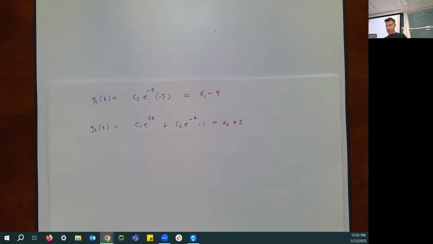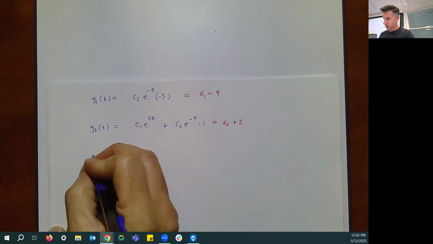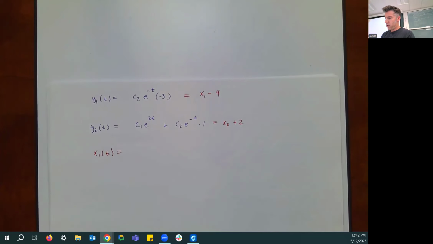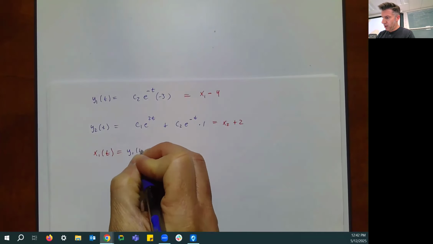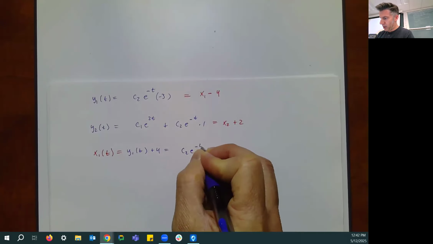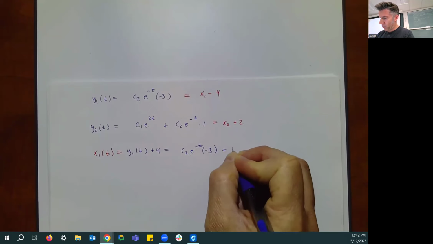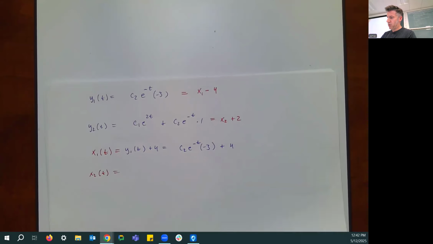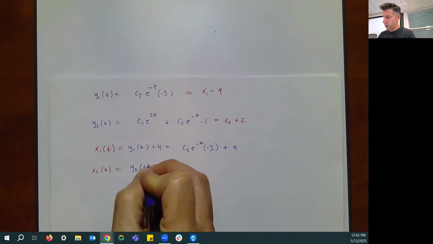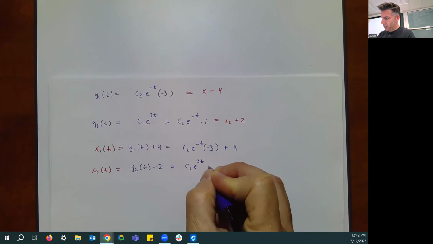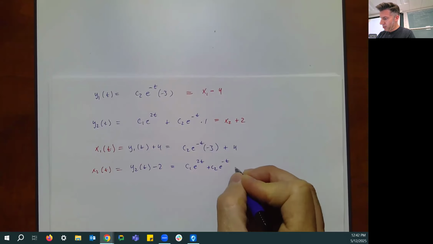So that means we can say x1 of t is equal to y1 of t plus 4, which is going to be the C2 e to the negative t times negative 3 plus 4. And similarly, x2 of t is going to equal our y2 of t minus 2, which is going to be all that C1 e to the 2t plus C2 e to the negative t minus 2.